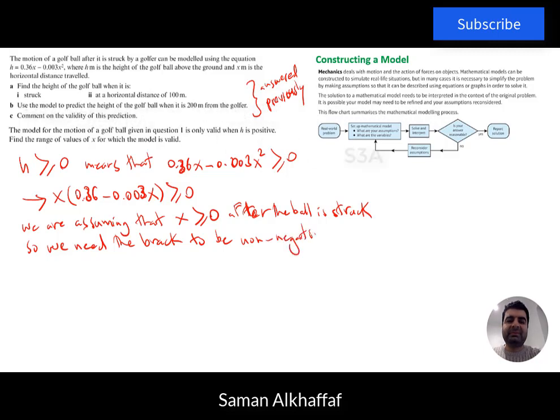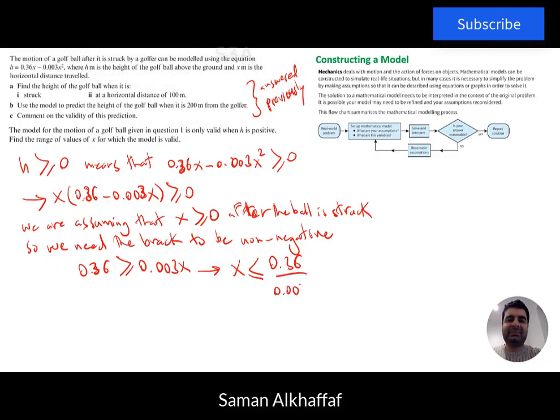So in this scenario we would equate 0.36 to 0.003x. So x is equal to, because we're moving the 0.003 to the other side, x is smaller than or equal to 0.36 over 0.003.